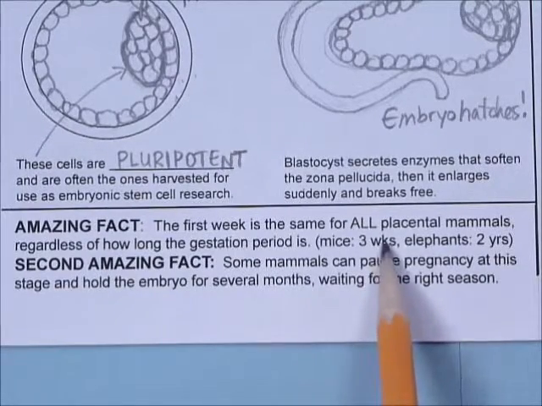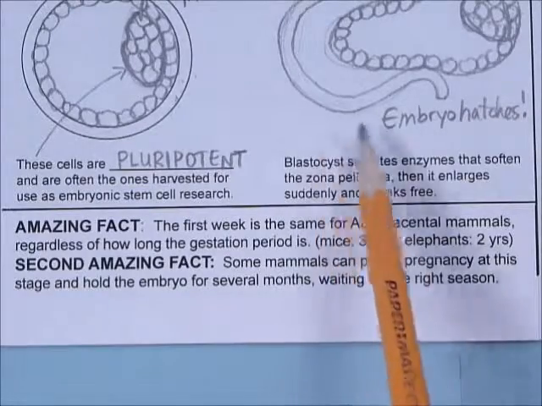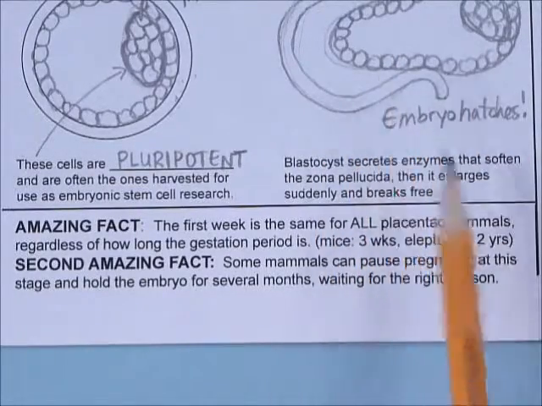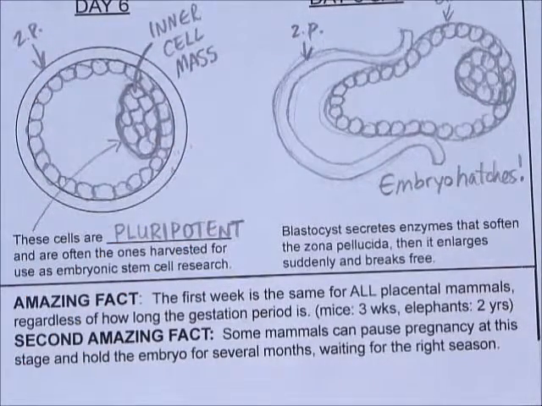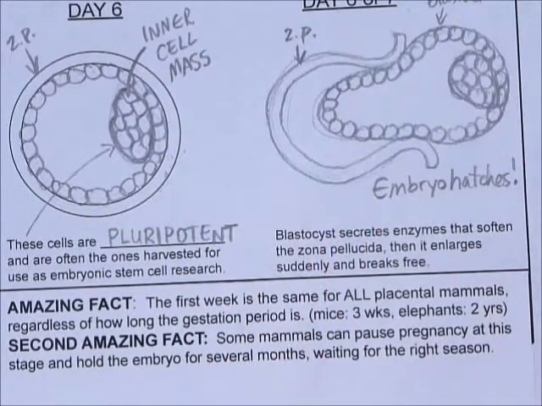If you have 3 weeks to make a baby, and in your first week you went from 1 cell to 2 to 4 to 8 to 32, you had the morula, the blastula, and you got to this where you have a little blastula hatching out. And in 2 weeks you have to go from this to a baby mouse. That's pretty amazing. For elephants, no problem. You've got a whole 2 years.